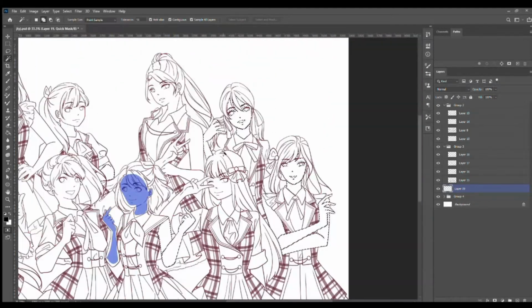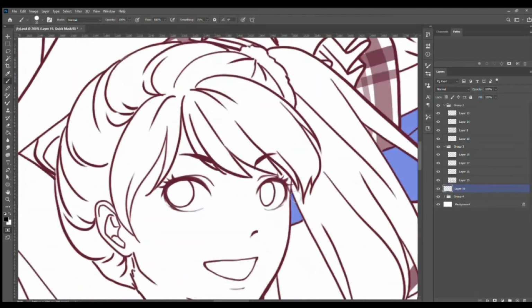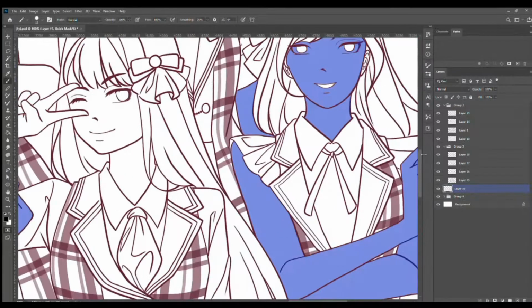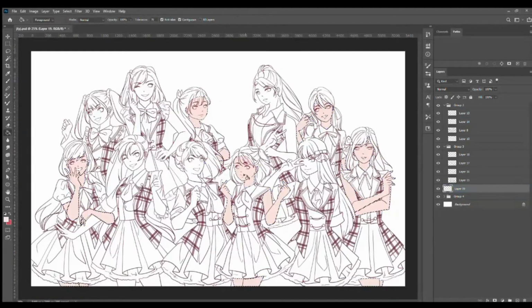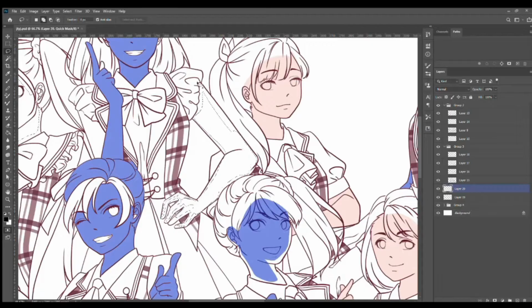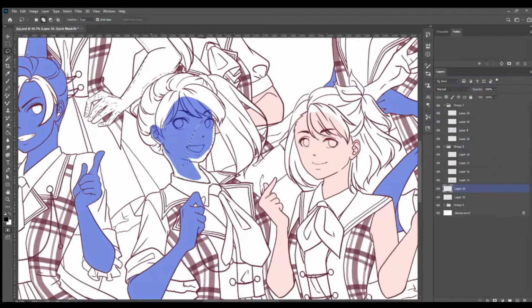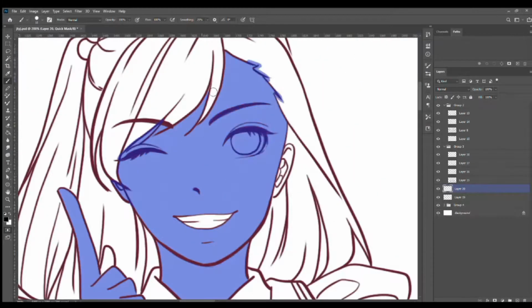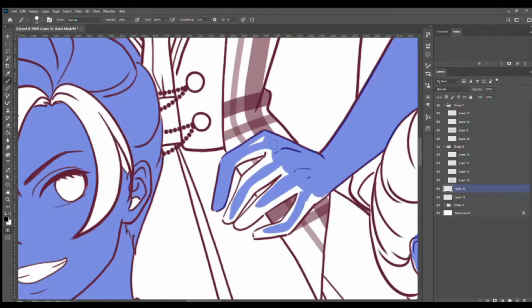One example is Misaki and Akira. They're the two girls at the bottom. Misaki has the ginger hair and Akira is the blonde one beside her. Their characters are both wild and very energetic. They are playful and cool. So how do I make them different aside from the hair and the eye color?